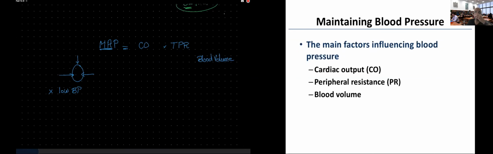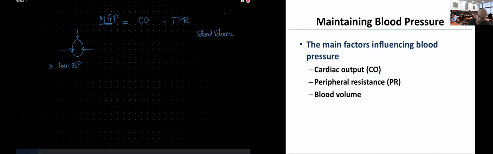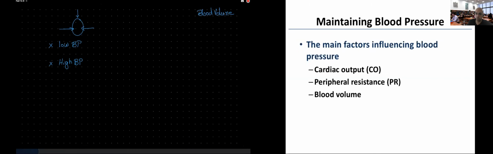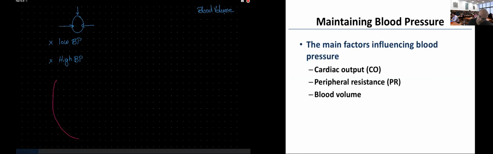What is the problem with having high blood pressure? Why is it a problem? Because remember, the blood pressure in my aorta here needs to be overcome by the force created by the heart.